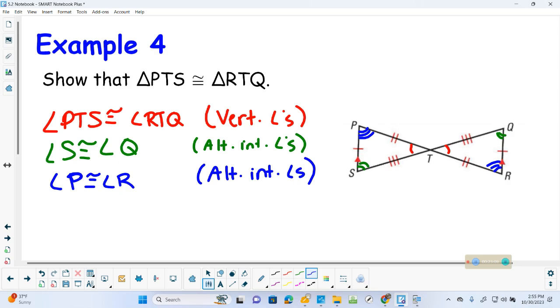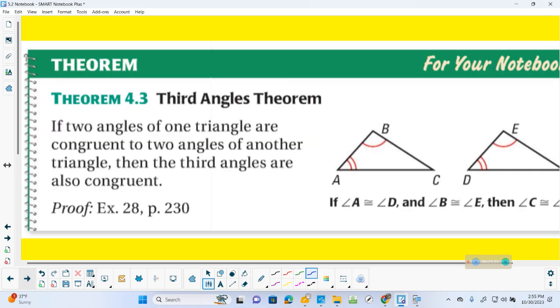Maybe, hopefully. Okay, so before you flip the page, because we're going to use this in our proof today, let me explain the why. There's nothing for you to write in. If 2 angles of one triangle are congruent to 2 angles of another triangle, then the third angles are congruent. You know I can't help myself, I'm going to talk about the why. Let's say this angle is 70 and this is 30.